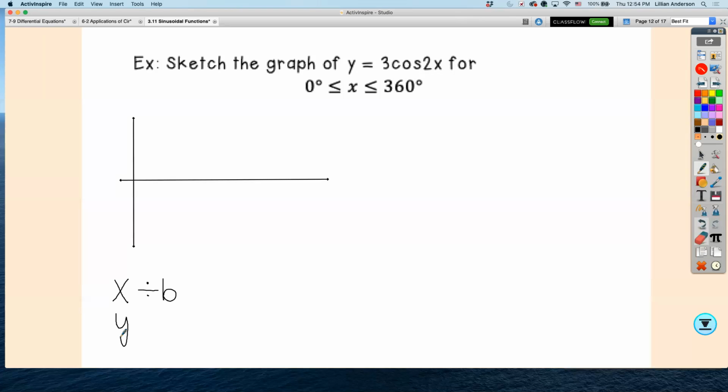A and D. So let's say A and D were involved in your problem. You would multiply by your A values first, and then add or subtract your D value. That is how those variables in the general form affect your X coordinates and your Y coordinates. Okay, so this right here that I've written down in black, this is good to know.